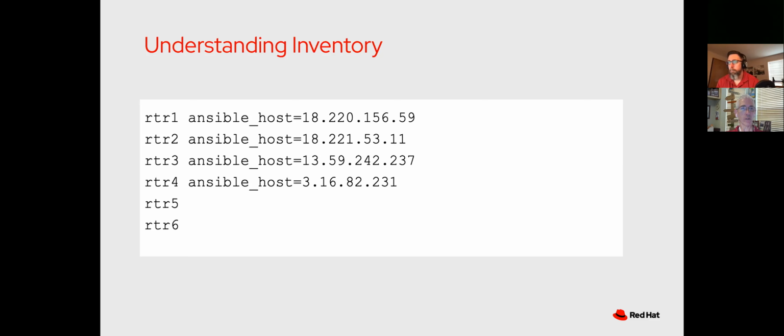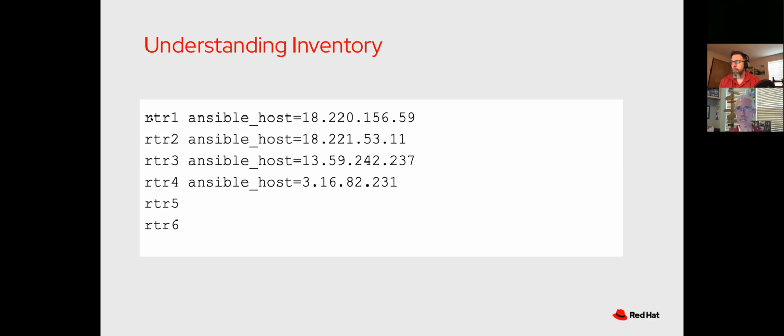Here in this inventory file, you can see that we've got various routers specified, and the names such as router 1 are the names that are referred to in the playbooks. So in a playbook, you can say, I want this automation to run against router 1 and router 2, and just refer to them by these names.